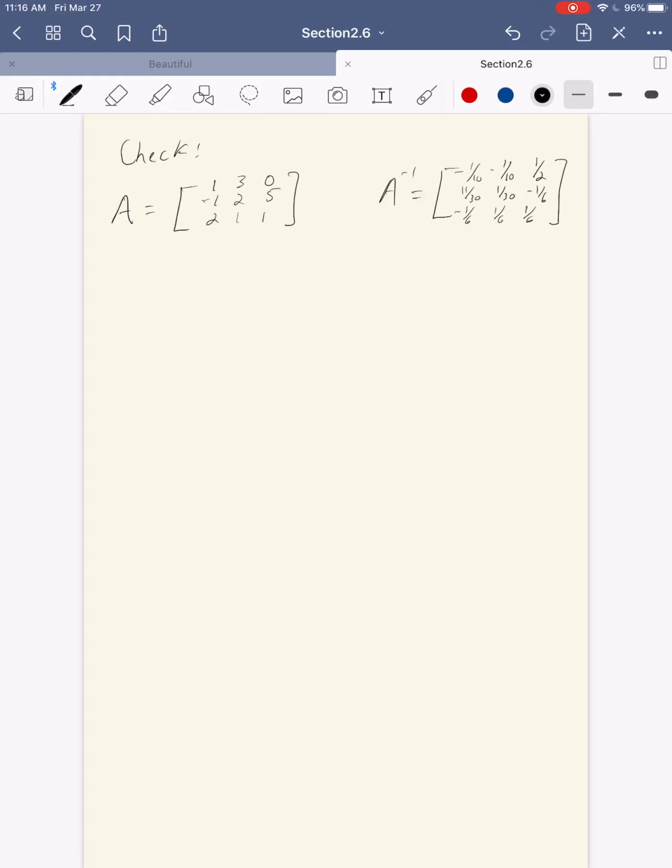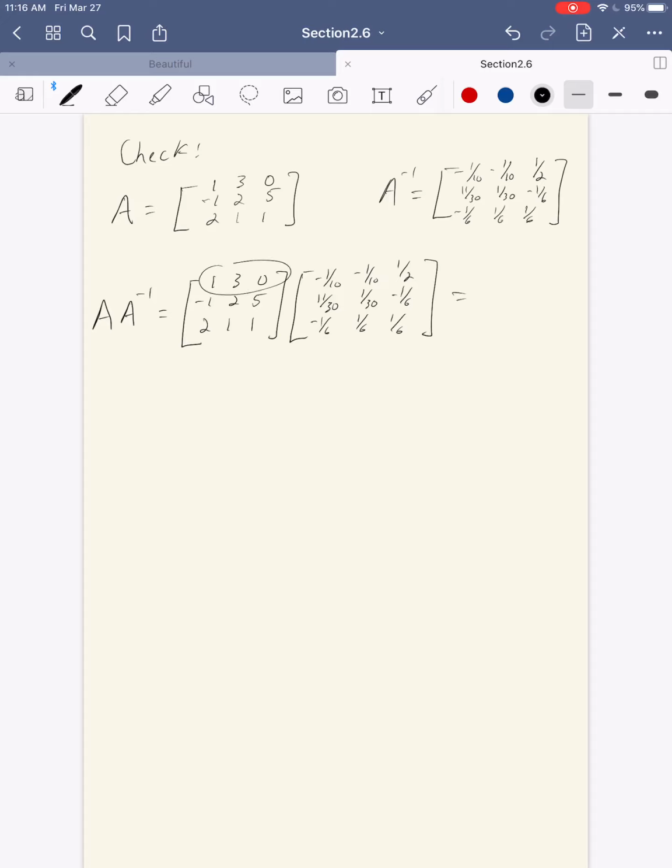So we can actually just check A inverse. That is going to be 1, 3, 0, negative 1, 2, 5, 2, 1, 1, times our claimed inverse, negative 1/10, negative 1/10, 1/2, 11 over 30, 1 over 30, negative 1/6, negative 1/6, 1/6, 1/6. So let's just check.